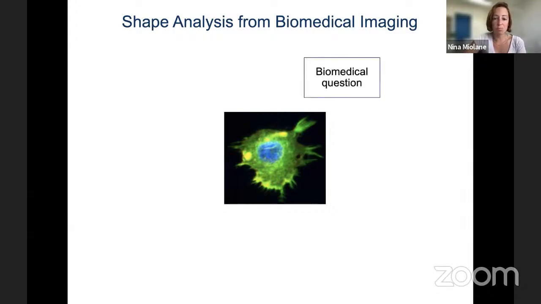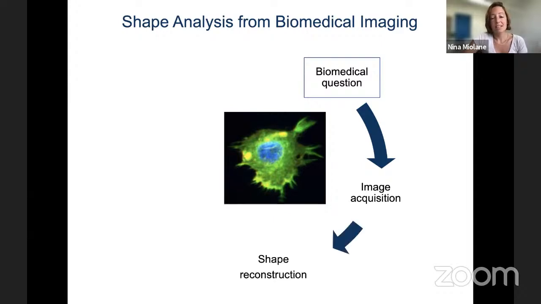And when we do research projects in my lab, usually we start with a biomedical question. Then it means that we need to acquire the images. So that is done by the collaborators we work with. The next step is to extract the shape from the image, so performing shape reconstruction, which is sometimes not a trivial process, because sometimes the 3D shapes come in a set of different 2D images that are very, very blurry, and just obtaining shape information in 3D is a challenge.